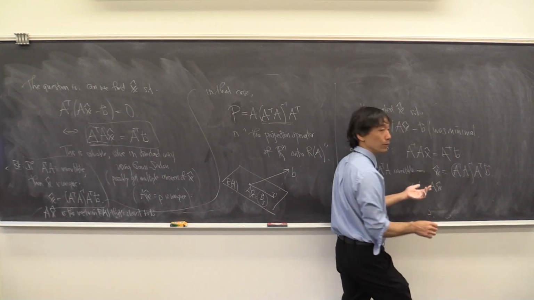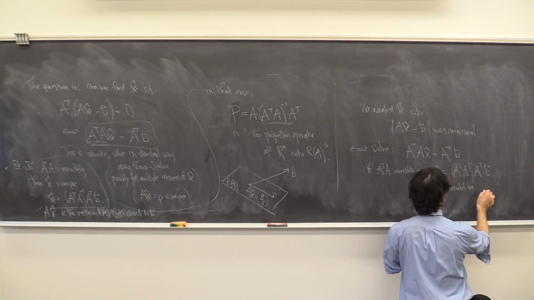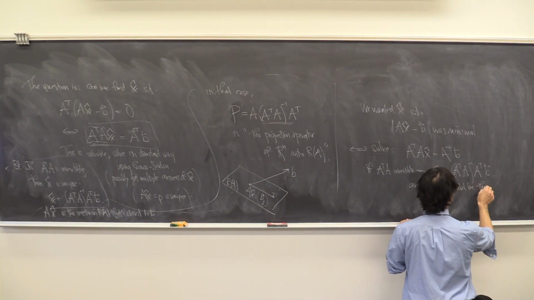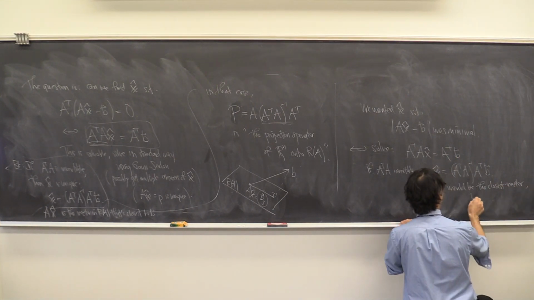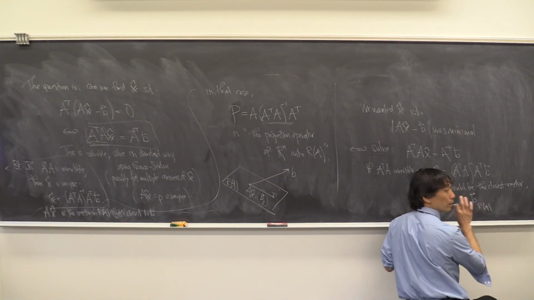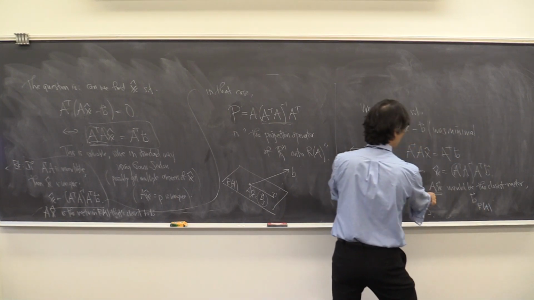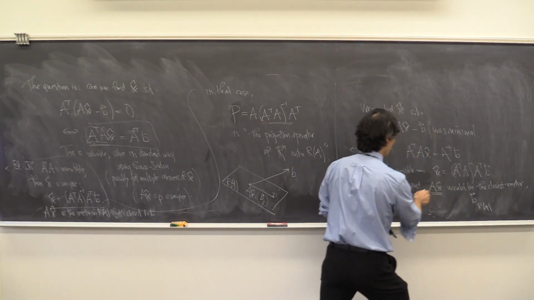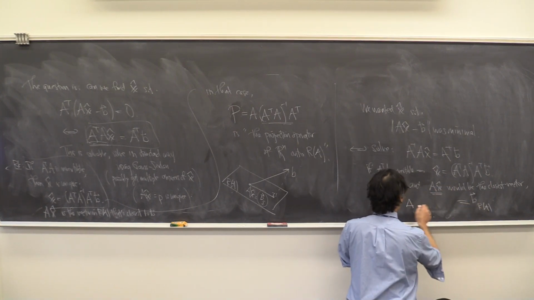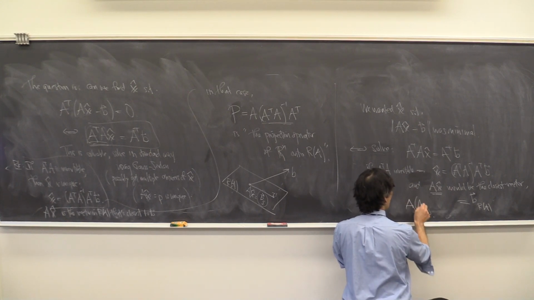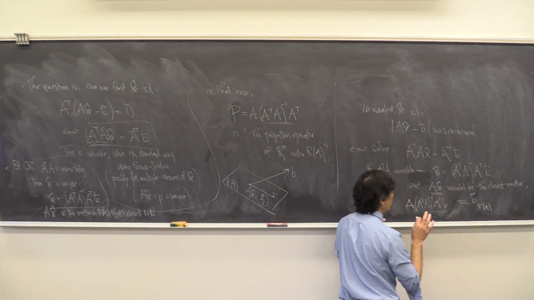A x hat would be the closest vector, namely b sub R(A). So that's where the A comes from. This b sub R(A) is going to be A times A transpose A inverse A transpose b.